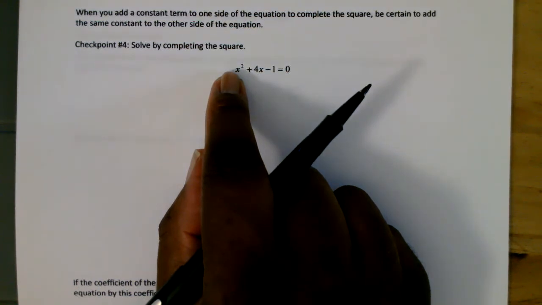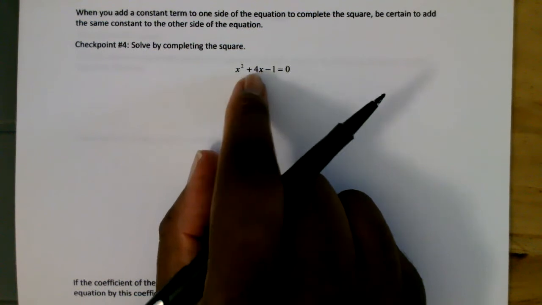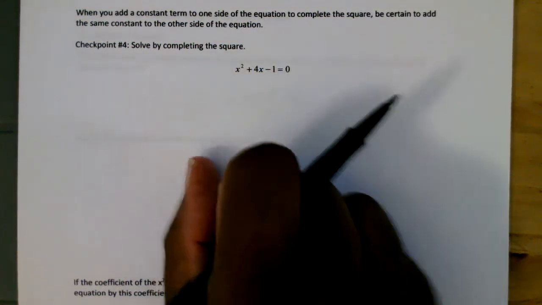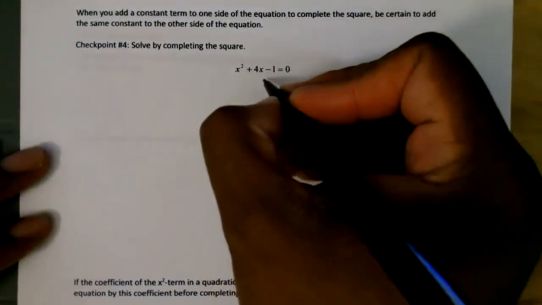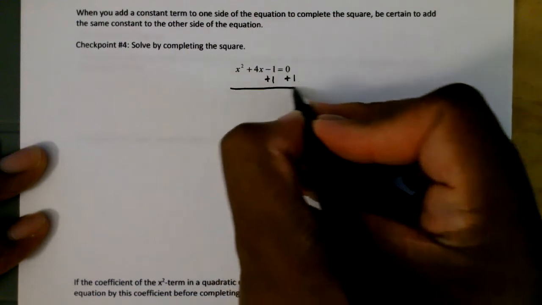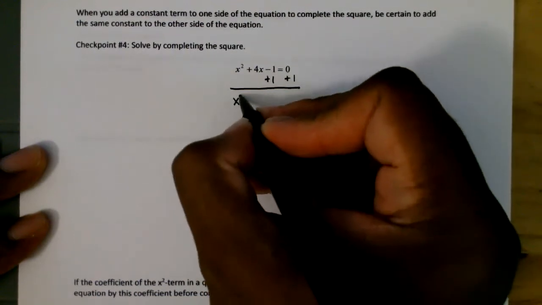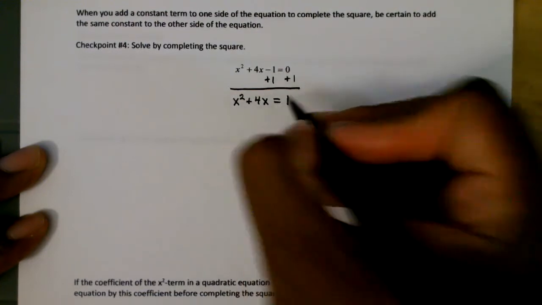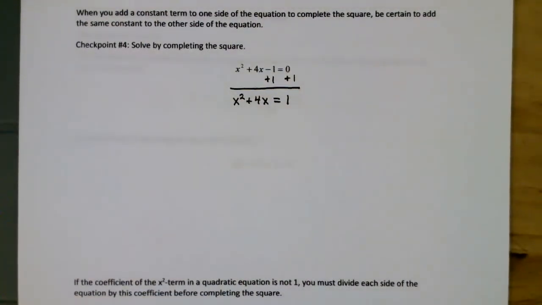But let's go ahead and get the x squared and the 4x by itself and move the constant terms over to the other side. Here I'm subtracting 1, so I need to add 1 to both sides. So that means I get x squared plus 4x equals 1. And now I'm going to go ahead and complete the square.